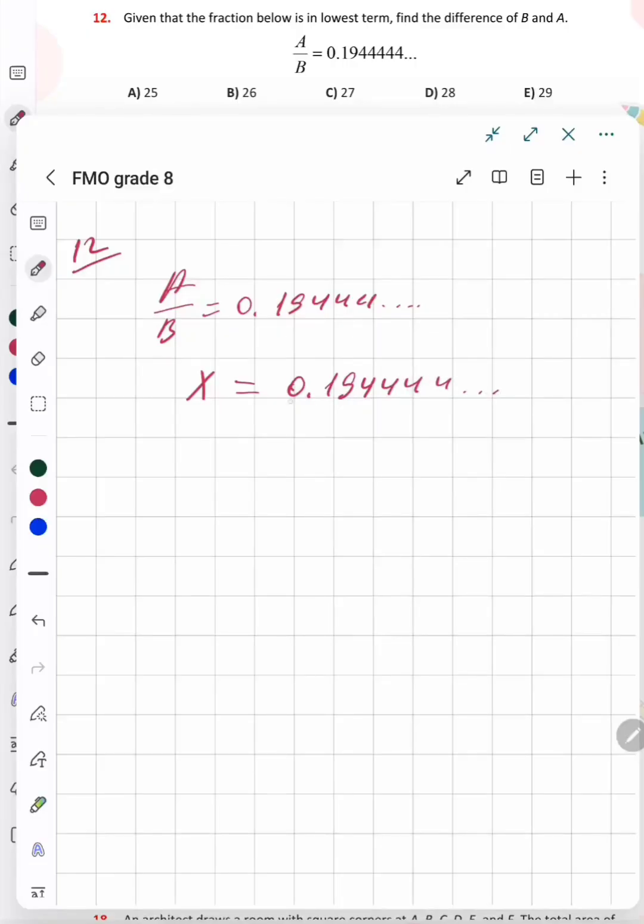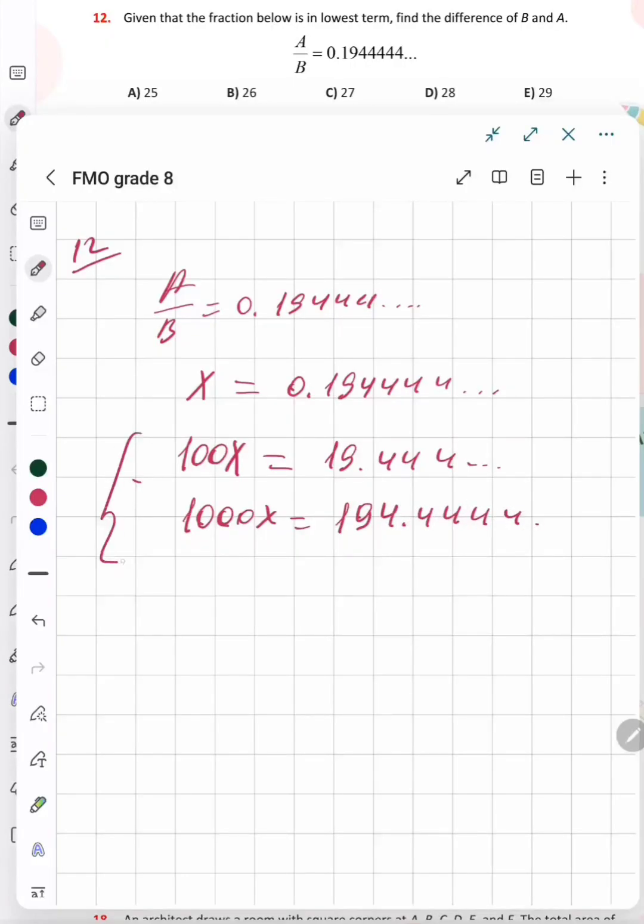If we multiply x by 100, we will get all the 4s on the right side of the decimal point: 19.44 and so on. It's 100x. Now if we multiply by 1000, again we will get 4s after the decimal point.